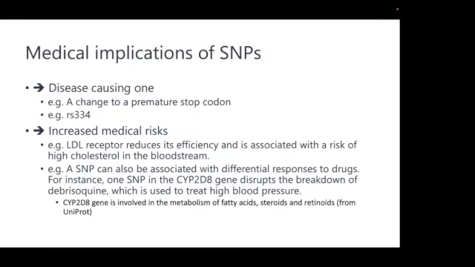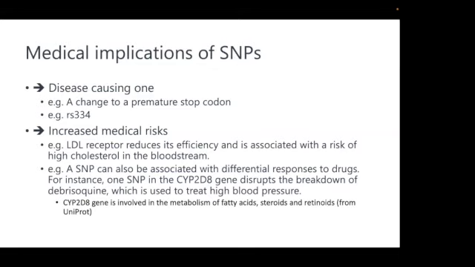But if it happens here, then this domain may not work. But if that domain is not really that important for the function, then it is still working. We will come back to this example, rs-something, because I didn't introduce this RS yet. You have to know what RS stands for.